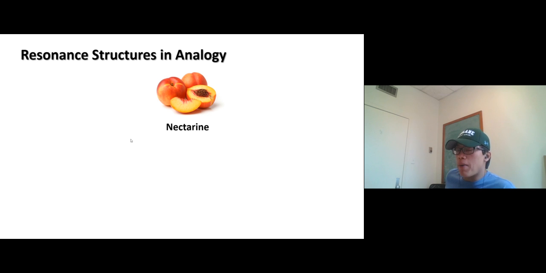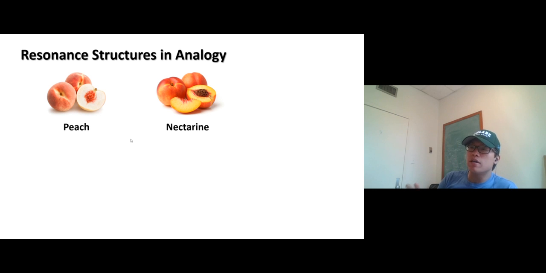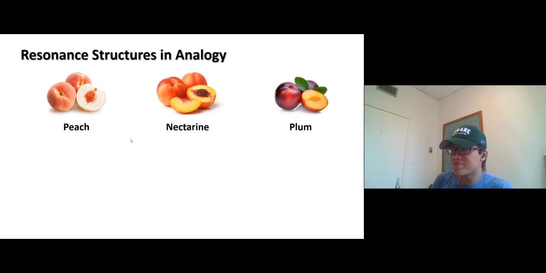But this might make it easier to explain. A nectarine tastes like a peach, but the outside is as smooth as a plum. And the color is somewhere between the peach and the plum. Does it make sense to you?